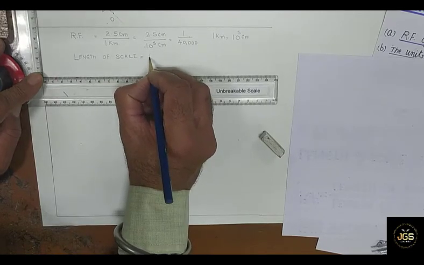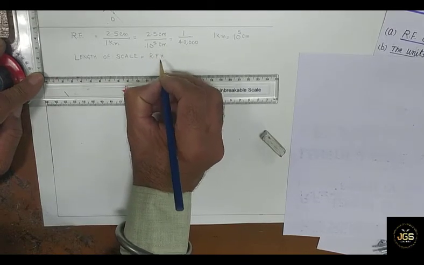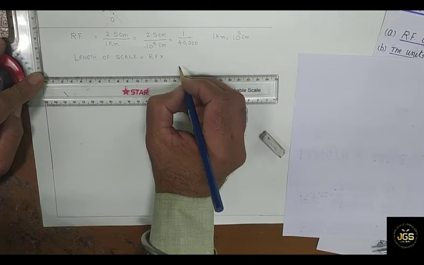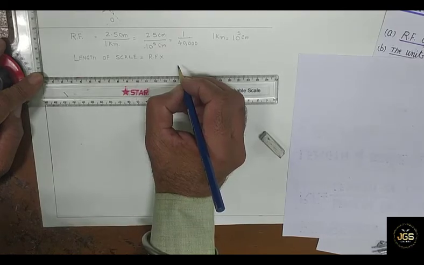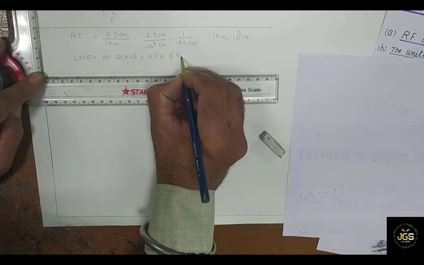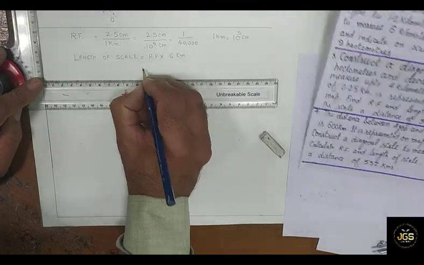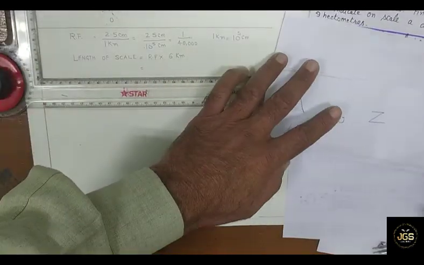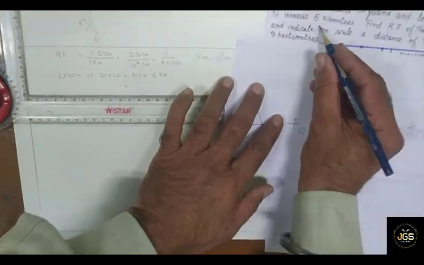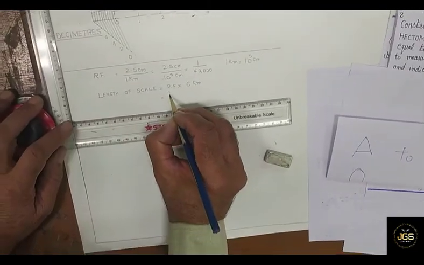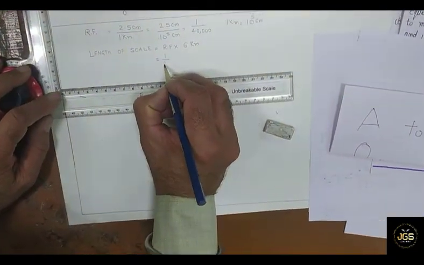RF is given; the maximum distance to be measured by the scale is how much? In the question it is given over here, the maximum distance to be measured by the scale is 6 kilometers. So here I will take RF as 1/40,000.